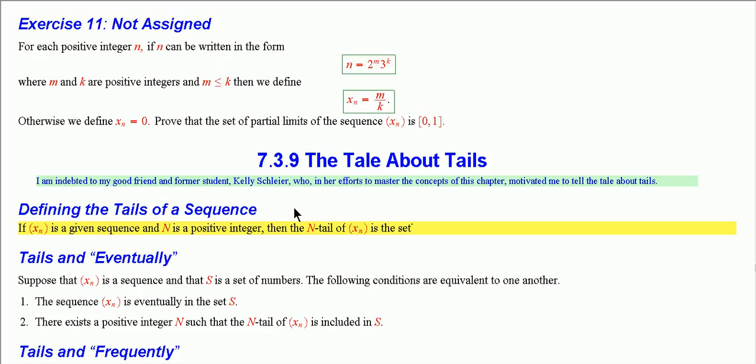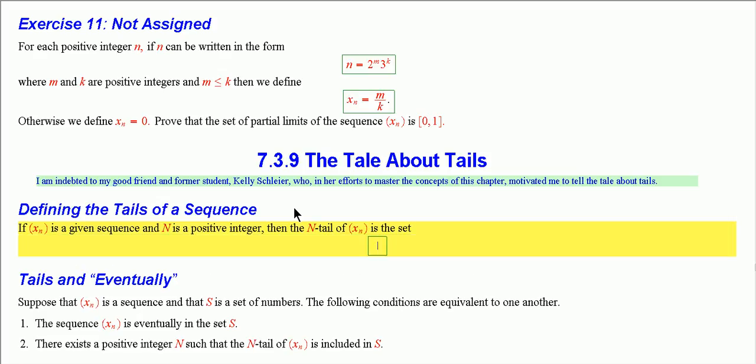It's a set of numbers, okay? It's the set of the xn values that you can get for which n is greater than or equal to big N. That is called the big N tail.